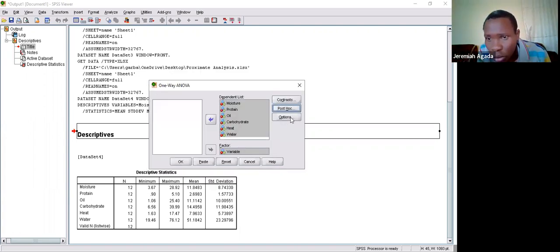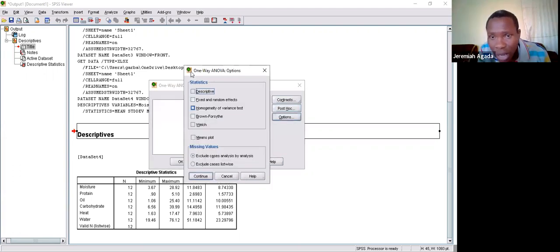And then I have options also. Now in the option area, I'll say, okay, I need descriptive. I want SPSS to give me descriptive here. Then these ones, fixed and random effects, homogeneity of variance test, Brown-Forsythe, whatever, they are also options that you can take when you want.